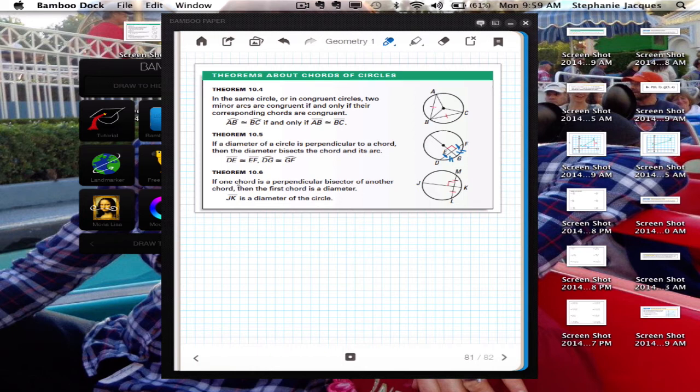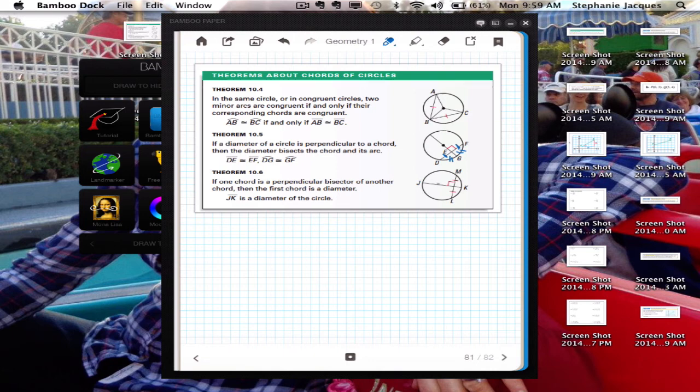Theorem 10.6: if one chord is a perpendicular bisector of another chord, so we have this chord and we have this chord. They aren't indicating that it went through the center, so by the picture it would not be the diameter. But according to the theorem, if one chord is the perpendicular bisector of another chord, then the first chord is the diameter.